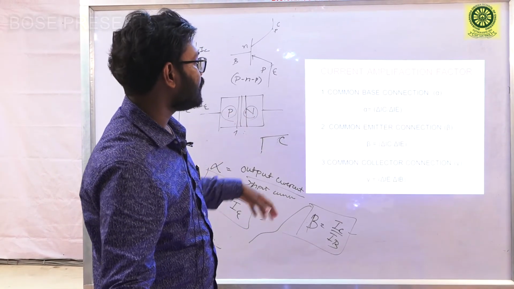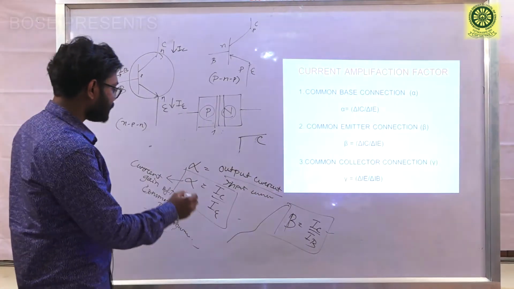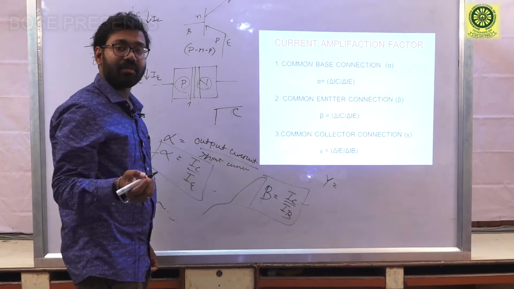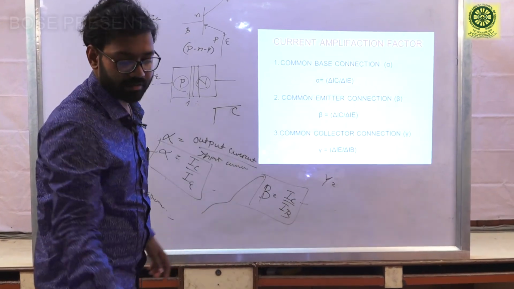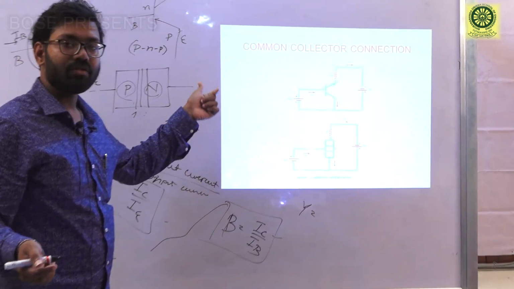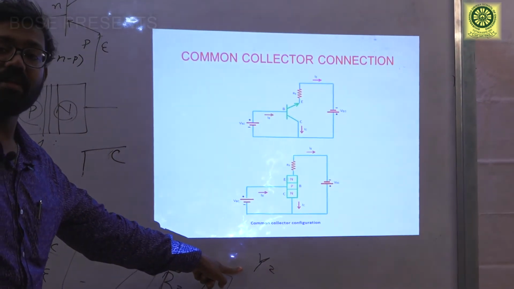Like that, there is another current gain, that is gamma. Gamma is the current gain for common collector configuration. Look at the figure, common collector configuration. Here the current gain formula is output current by input current.